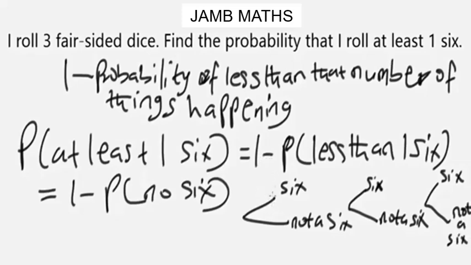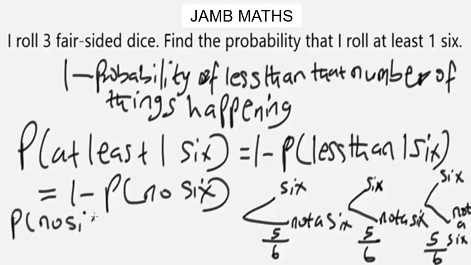Now for not a 6, we're going to have 5/6. In this second tree, not a 6 is also 5/6. This one will also be 5/6. Now to get the probability of no 6, we multiply the three no-6 branches: 5/6 times 5/6 times 5/6.